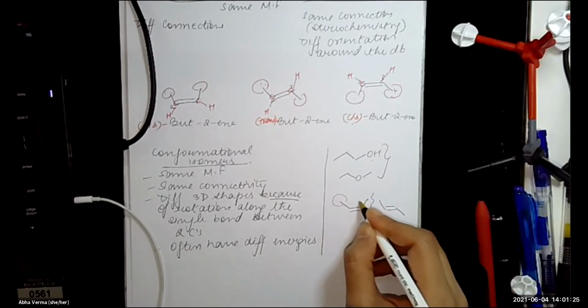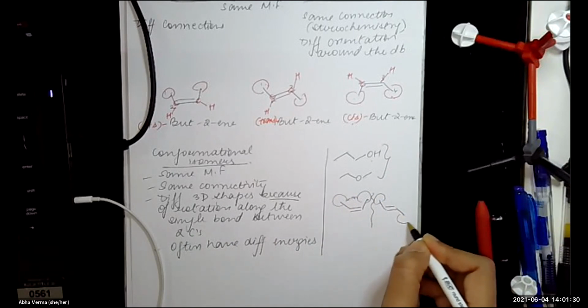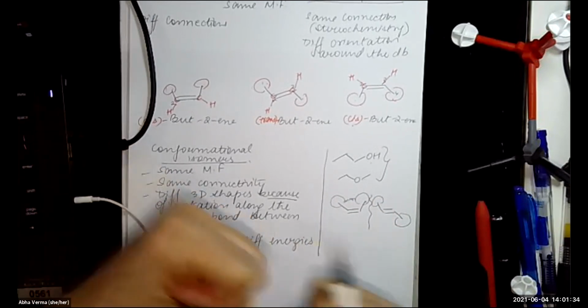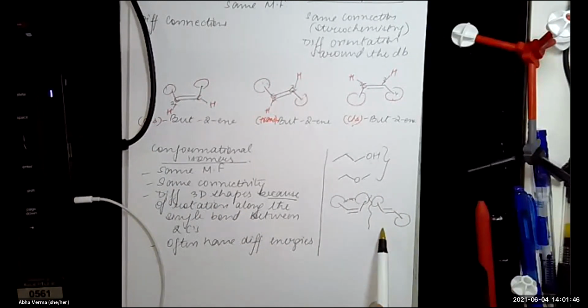While both of these groups are bumping into each other, these groups are away from each other and hence not bumping into each other or causing any energy difference. So the groups away from each other are causing this molecule to be more stable and hence lower in energy. So conformational isomers, even though the same molecule, are just held in a different rotation.